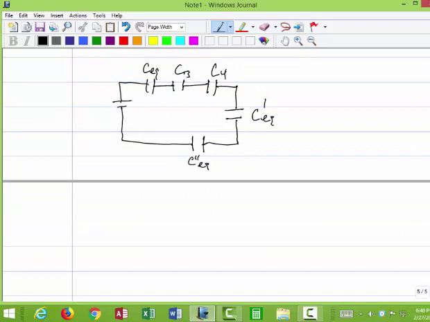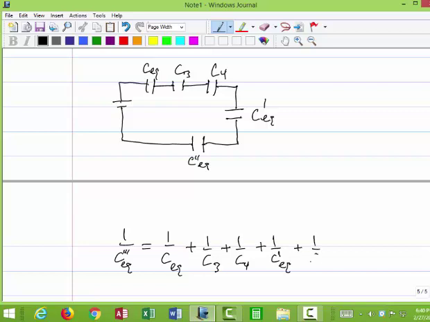Now we can say 1 over C equivalent. Let's say instead of double prime, let's use a triple prime. This will be 1 over C equivalent plus 1 over C3 plus 1 over C4 plus 1 over C equivalent prime plus 1 over C equivalent double prime. So you just add it up that way.